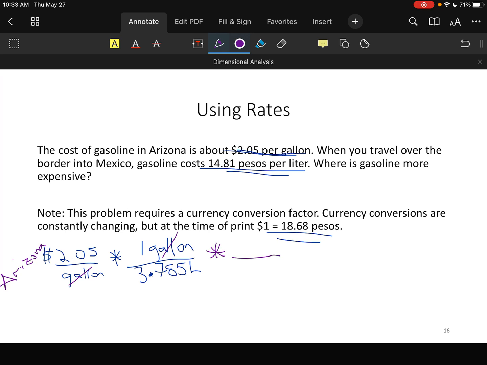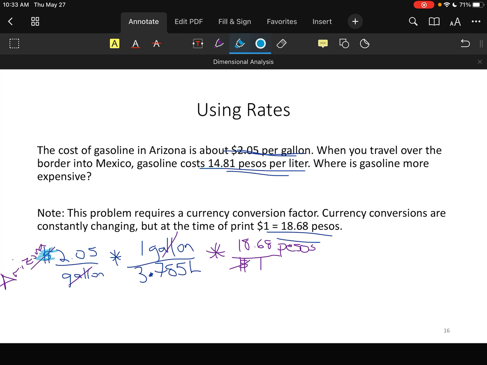I know that $1 is 18.68 pesos. So my units here, my dollars will cancel.